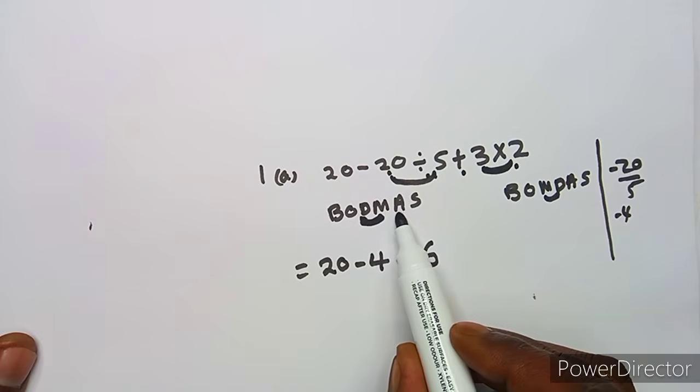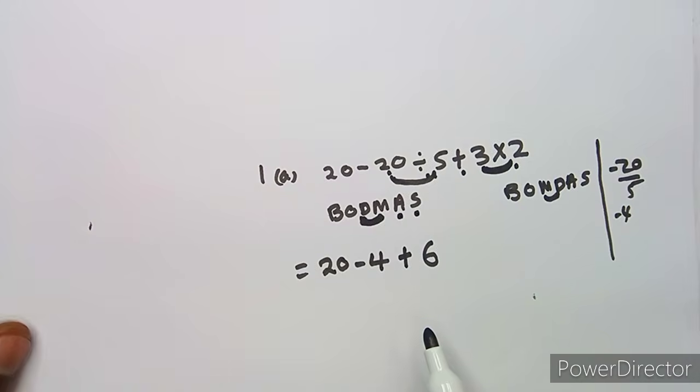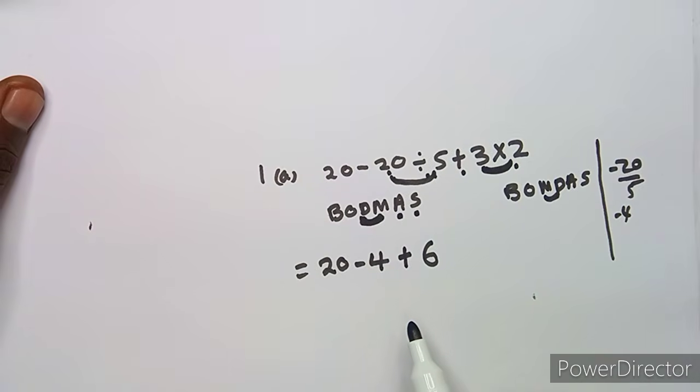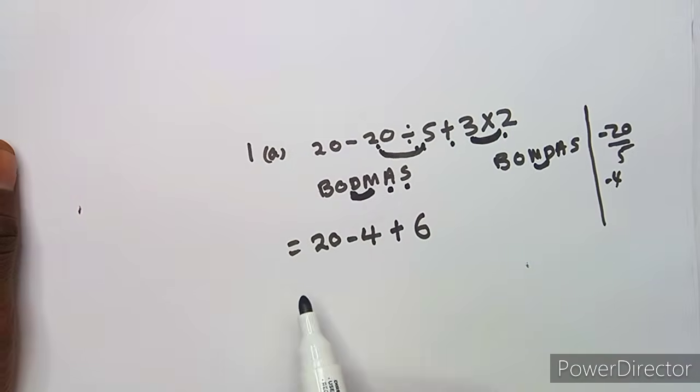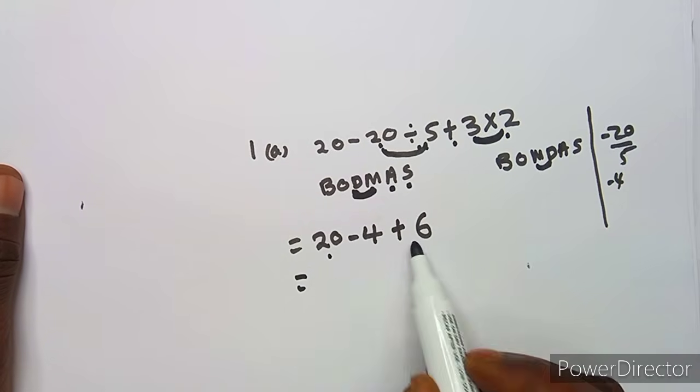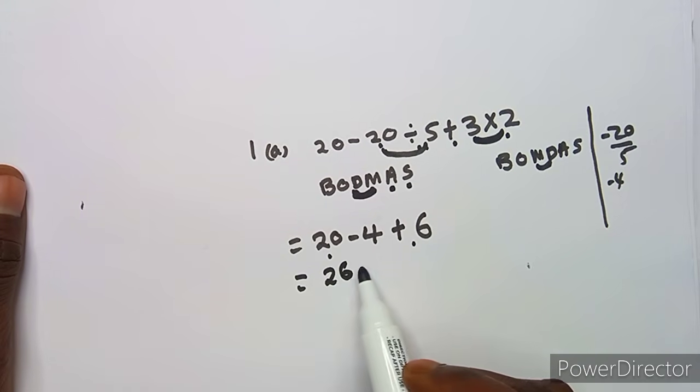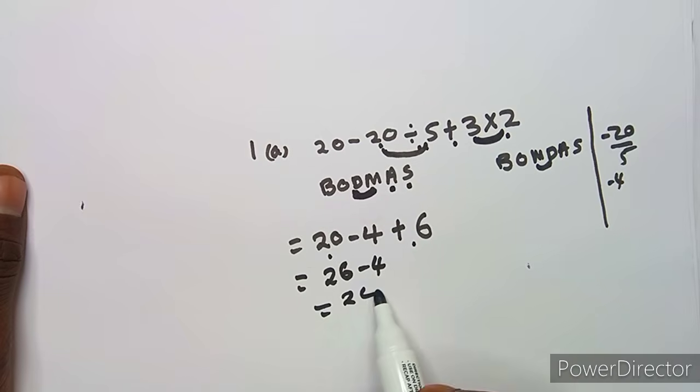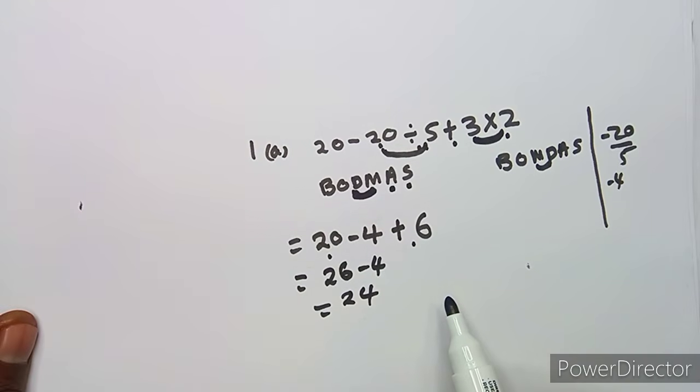Then you are now at addition followed by subtraction. So you add 20 and 6, which gives us 26, minus 4, and at the end you obtain 24.